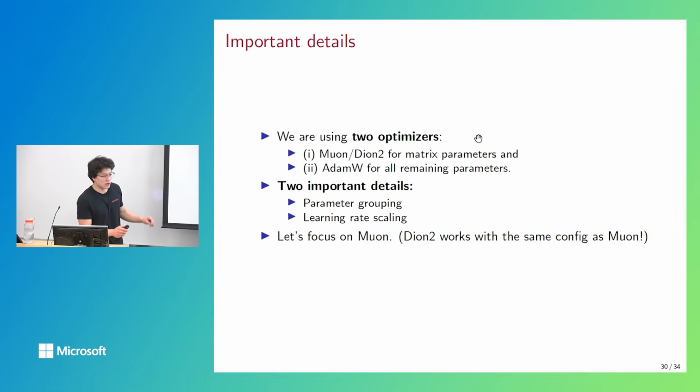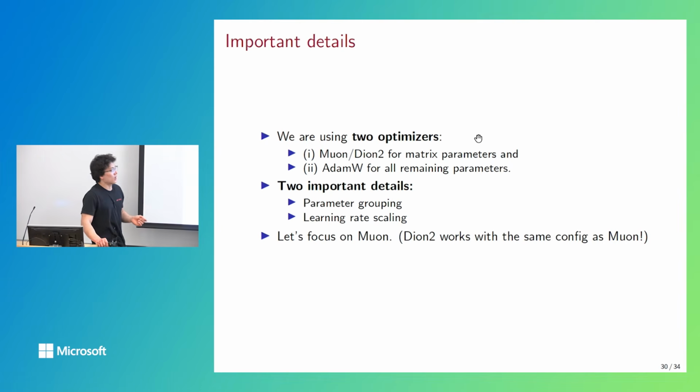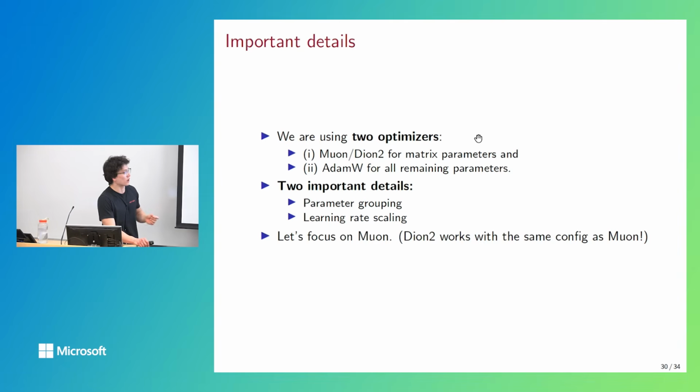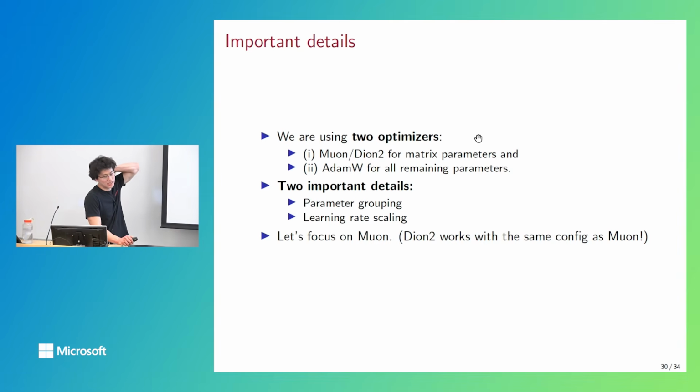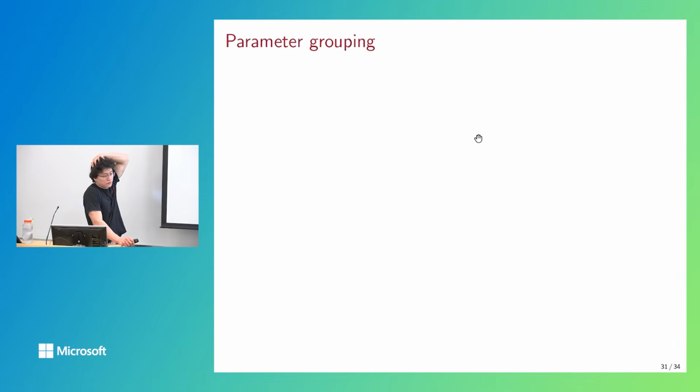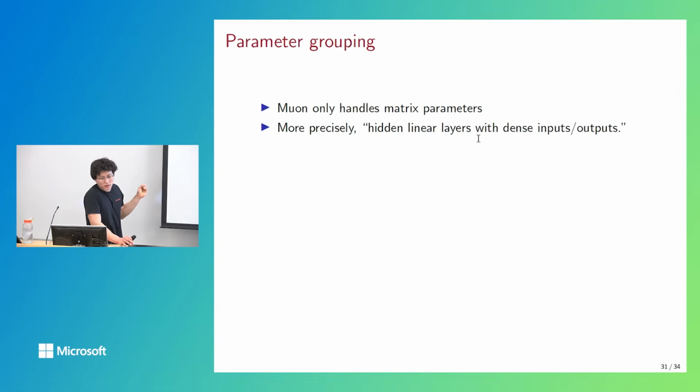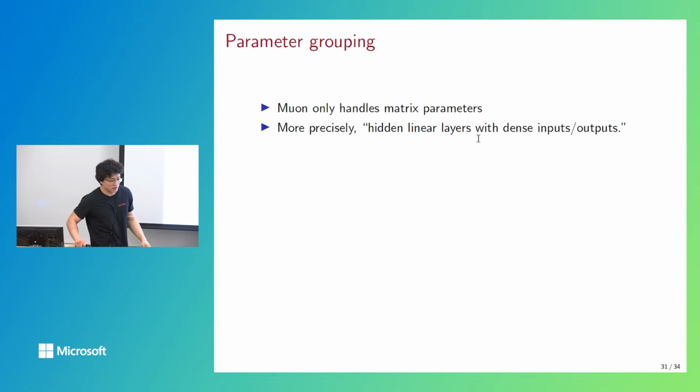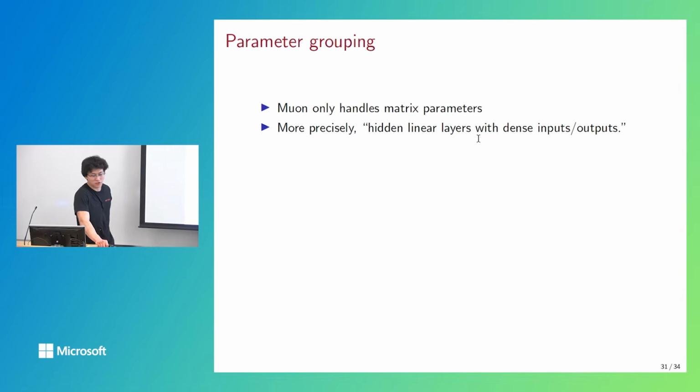I'm going to briefly talk about how you can achieve these two goals of parameter grouping and learning rate scaling based on Muon, and Dion2 works out of the box with the same setting as Muon. For parameter grouping, like I said, Muon handles matrix parameters. But not all matrix parameters, which makes things a bit tricky when you're integrating, so you have to pay attention to this.